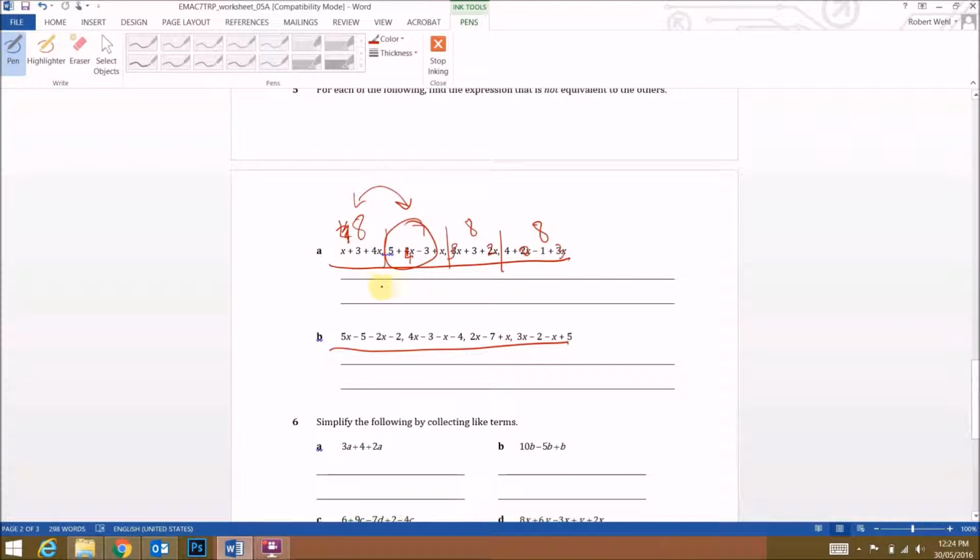So our answer would be 5 plus 4x, take away 3 plus x. And the reason why that is not equivalent is because it does not equal the same as this expression and this expression. Those three expressions all equal the same thing, which is 8. Let's have a look at the next one.